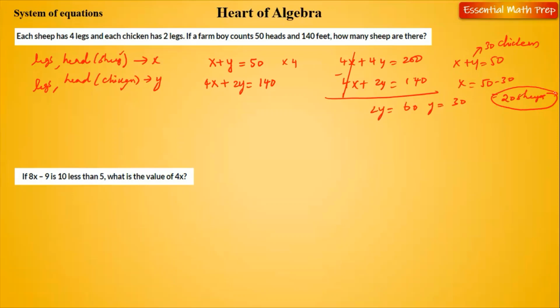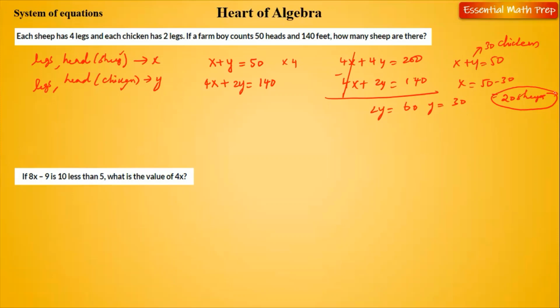If you had put 2X plus 4Y, you wouldn't get the same answer, okay? Because above you've said X is sheep and Y is chicken. So you have to add whatever coefficient with the appropriate variable before you can complete the algebraic expression and proceed to solve it, okay?